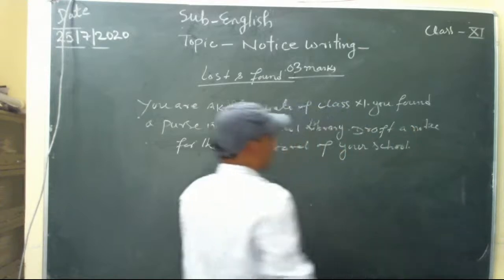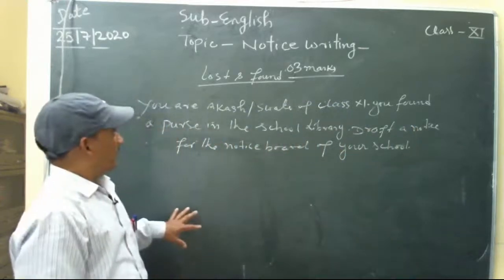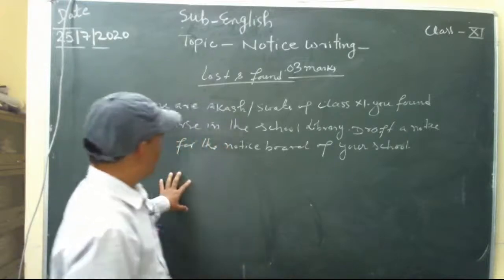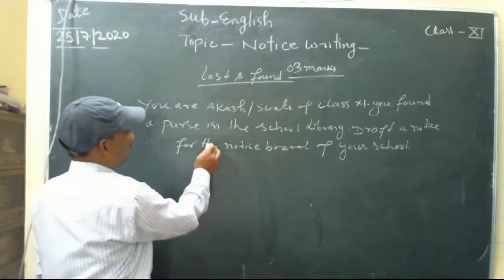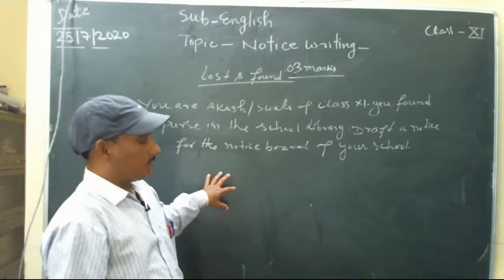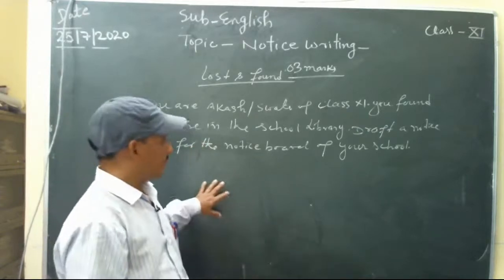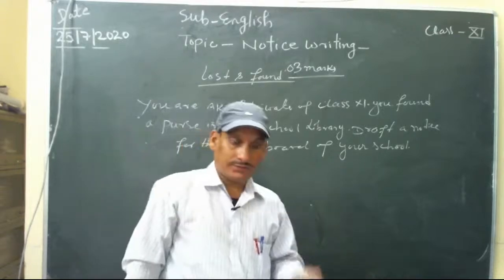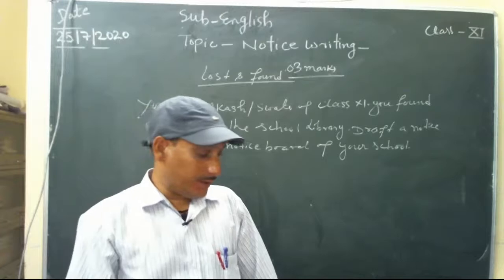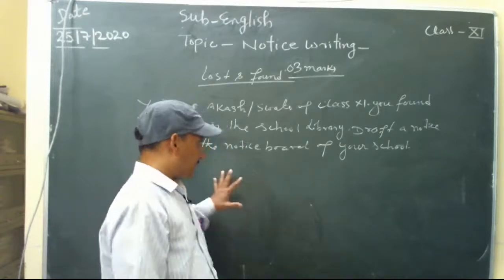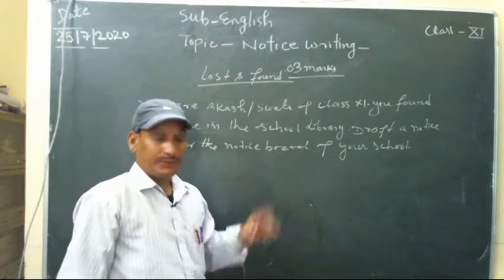Now in this, you have to give certain details about the purse which you have found, but you cannot write all the details because some of the details will be furnished by the person who is claiming that the purse found by you is his.